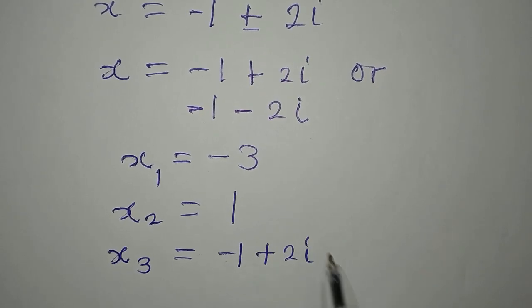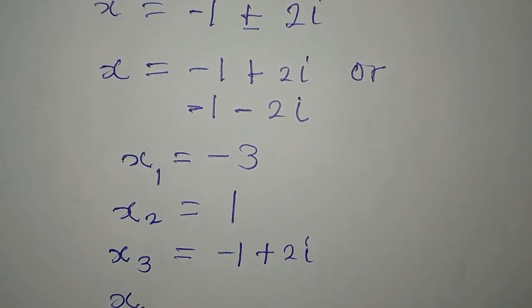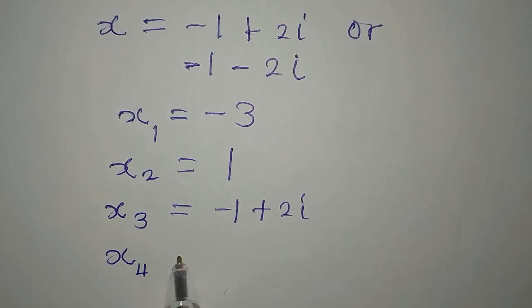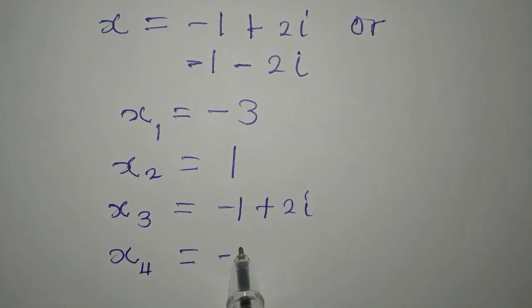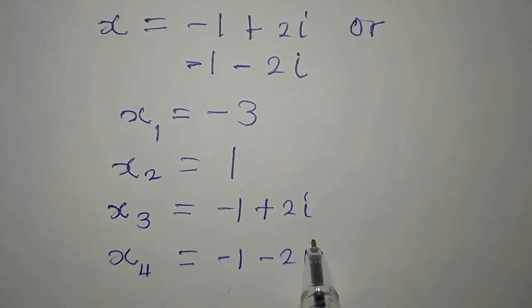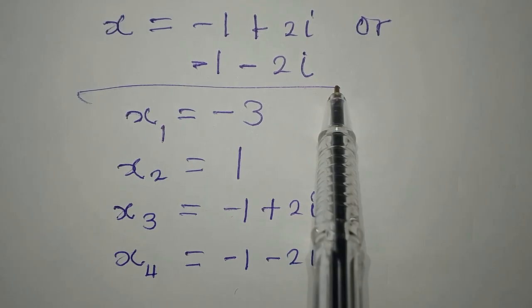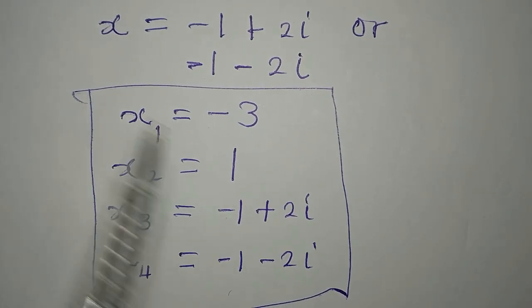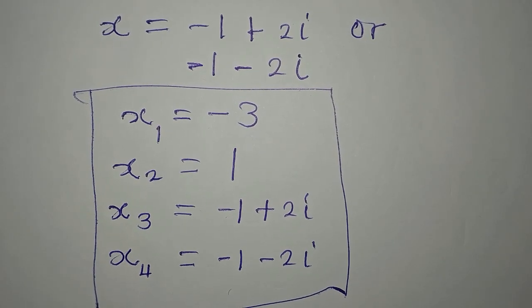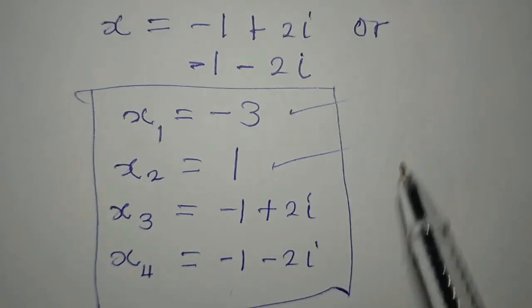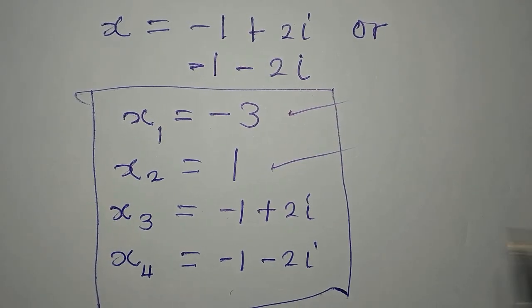And then our x4 is equal to minus 1 - 2i. So these are the four solutions. But remember that only two solutions are real, this and this. These other two are complex solutions.